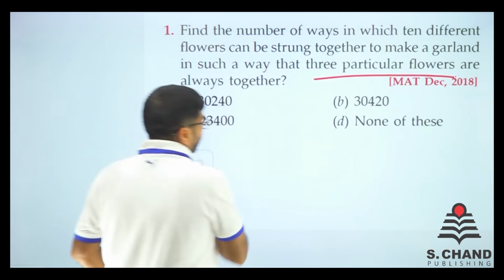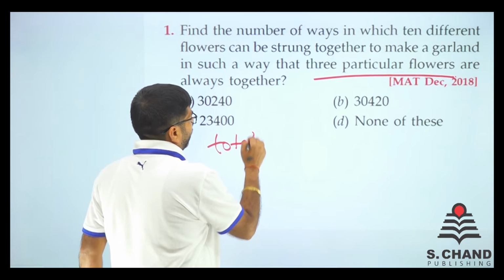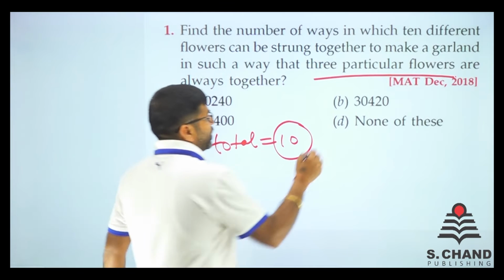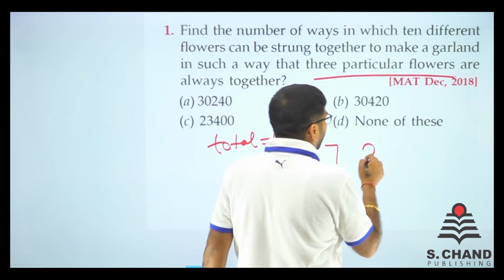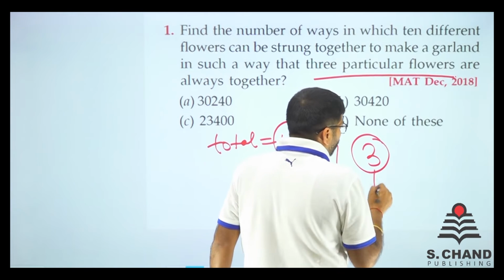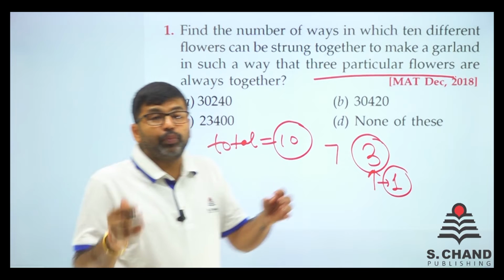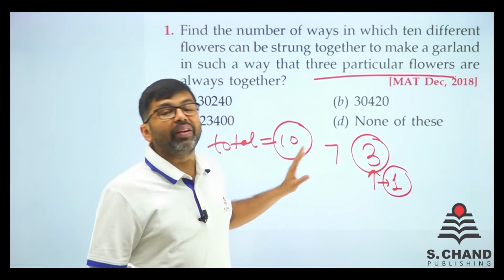So what I'll do is, we have a total of 10 different flowers, in which 7 must be arranged in different ways and 3 must be kept together. So I put those 3 as one part because we need to club those 3 together. So 3 together and 7 differently.